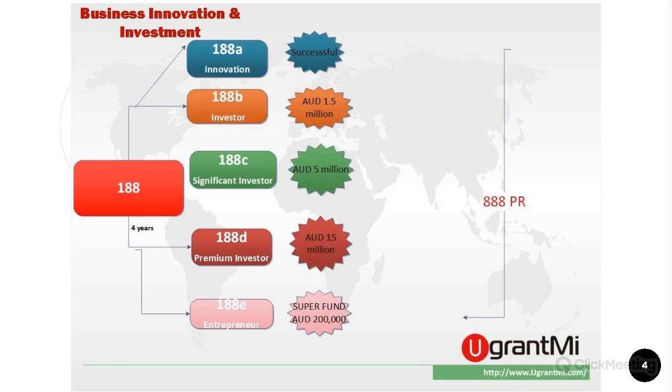So the minimum requirement, again, is 800,000 in all states except New South Wales, which wants 1 million. And they have to spend 200,000, or a minimum, in business. If they want to spend more, that's fine too. This is a visa condition, but they must provide this before they actually start to invest. Okay, 188 visa.